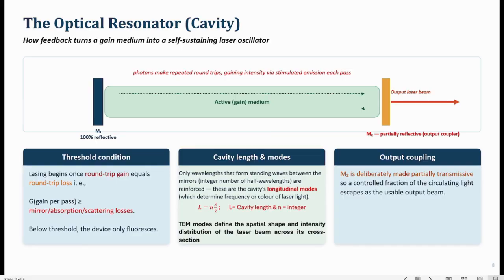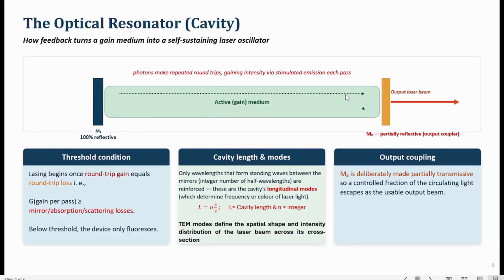And the third component is the optical resonator or cavity. This cavity is basically made up of 2 mirrors, M1 and M2, out of which mirror M1 is 100% reflective. So any photons moving towards mirror M1 will be completely reflected back into the cavity. There is no transmission of photons in this direction.